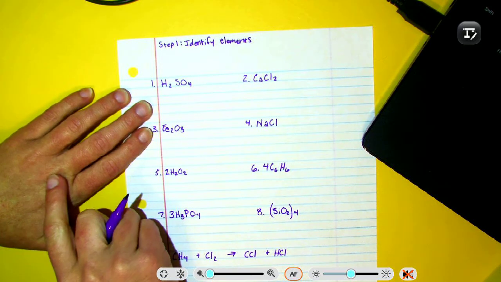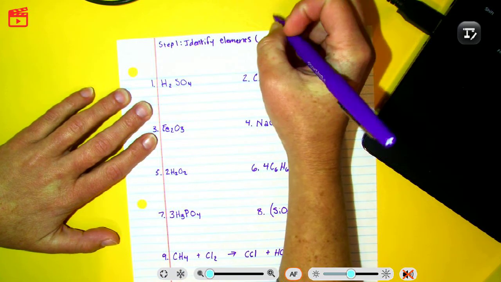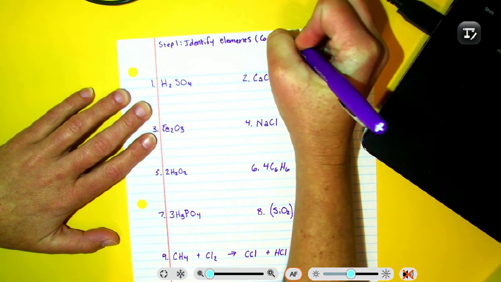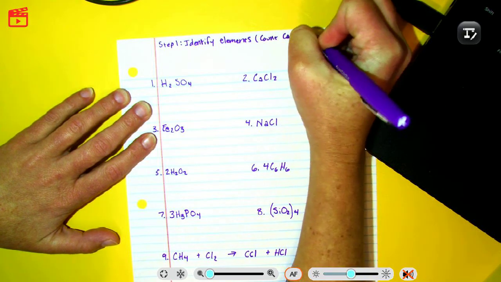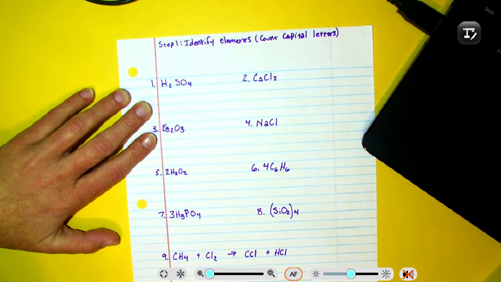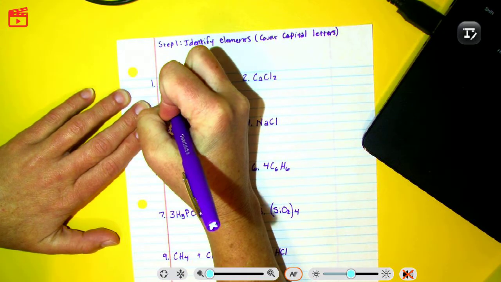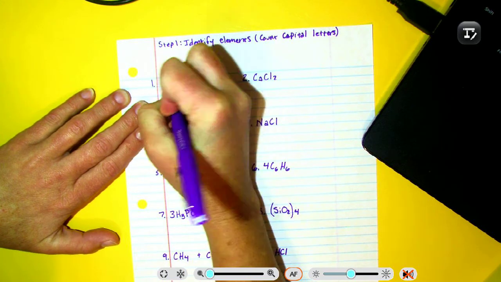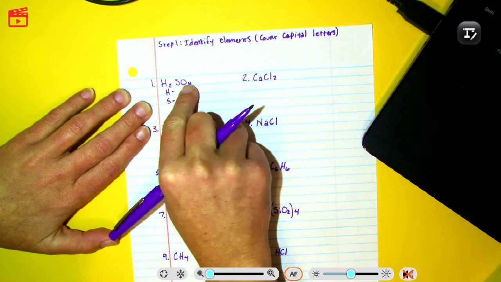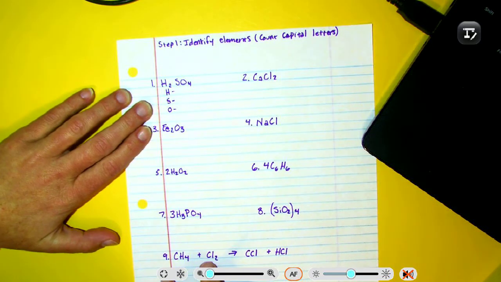Hopefully you know by now, when we identify elements, we count capital letters. In this one, I have a capital H, a capital S, and a capital O. So hydrogen, sulfur, and oxygen.